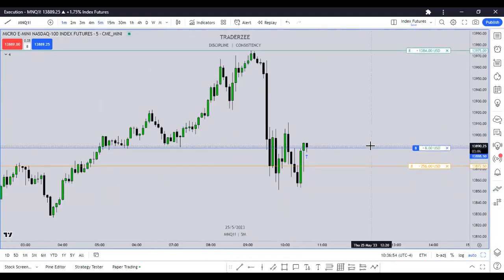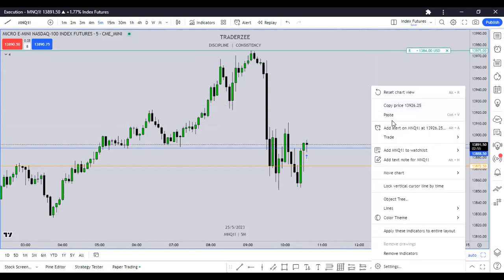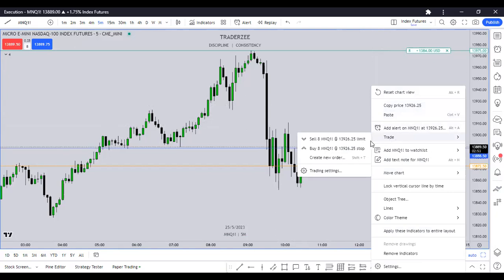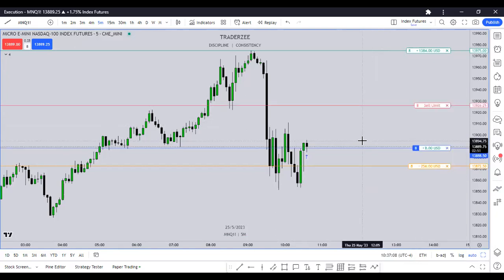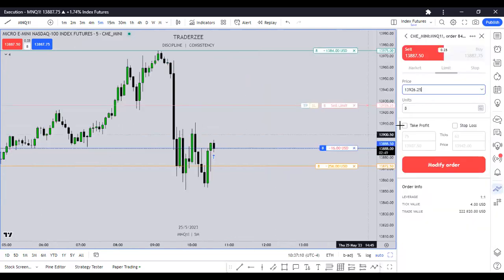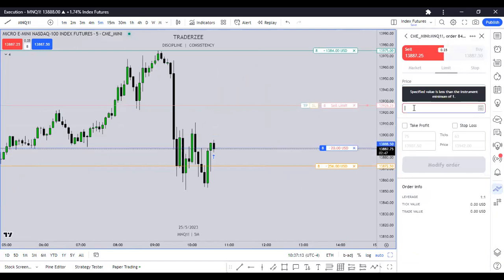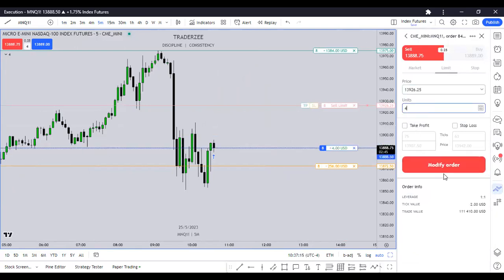If we lose this trade, we're done for the day. There's enough loss. We'll take a first partial, half the position, here.